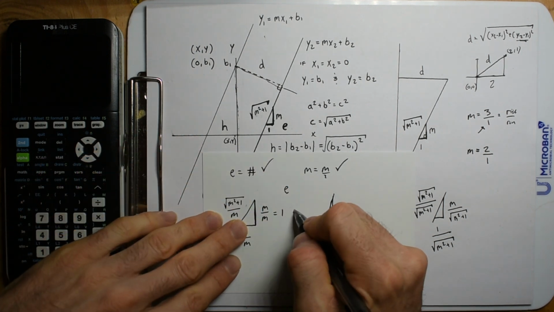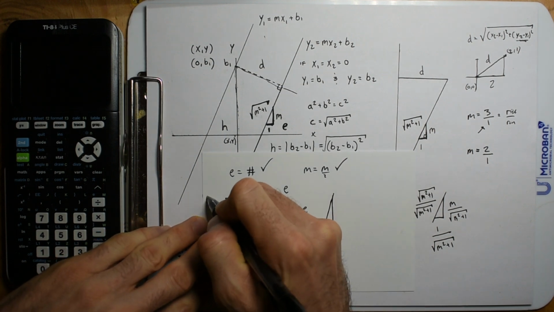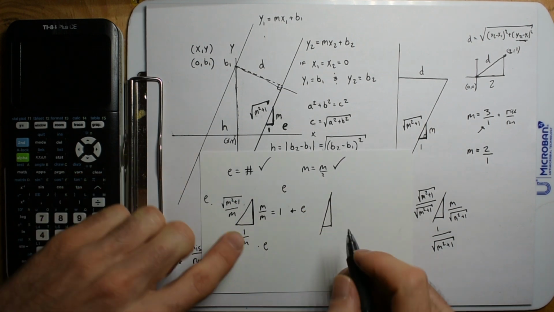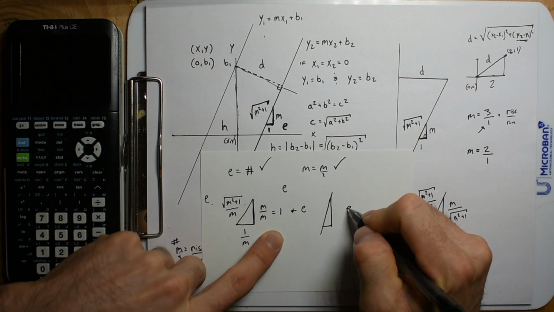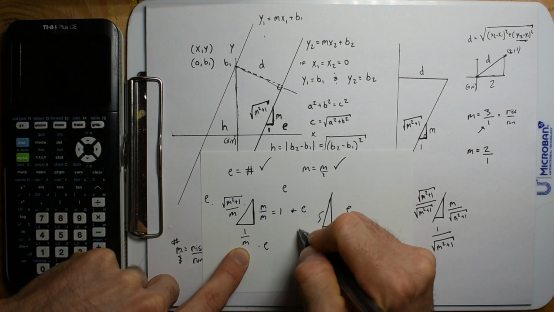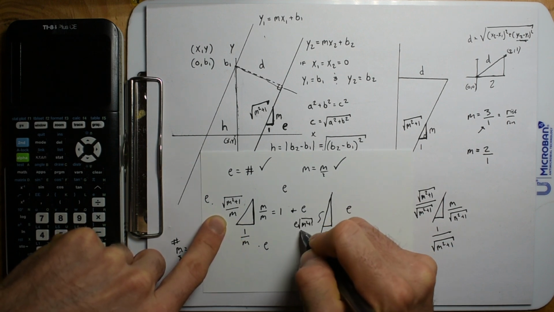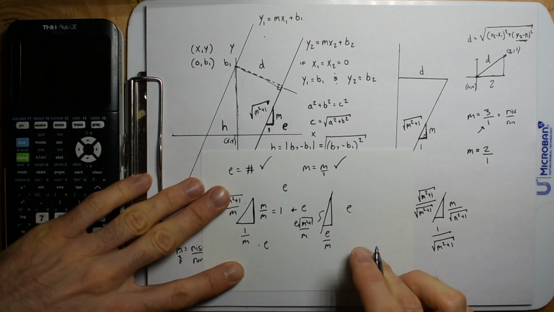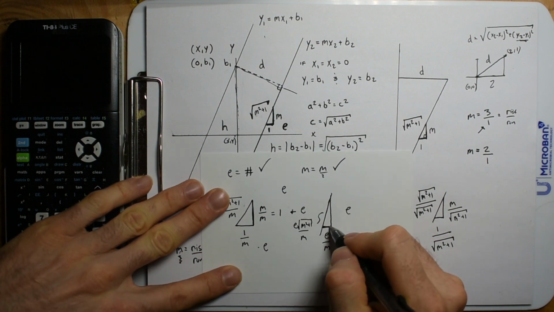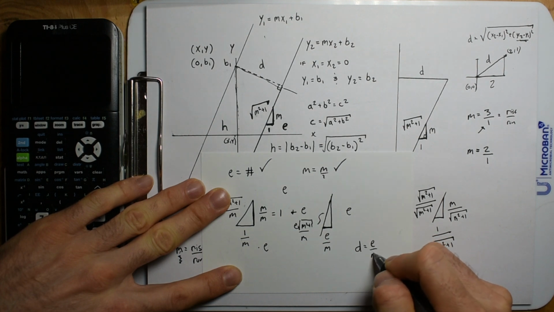If I multiplied this side now by E, I would have to multiply every side by E. So that's kind of the take-home point of what we're doing. So now I'm going to say this side is E, and now this side is E divided by m. This hypotenuse is E times the square root of m squared plus 1, divided by m. And now if I was interested in just the length of this side, which would be D, there you go. So D is equal to E divided by m.